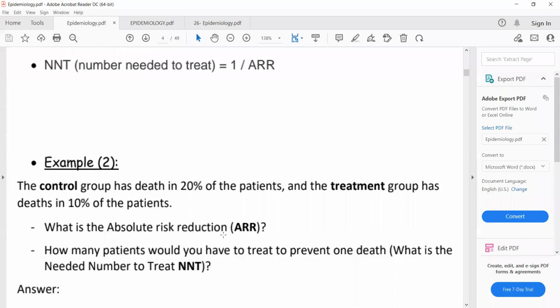So the absolute risk reduction is the absolute risk of the control group minus the absolute risk of the treatment group.